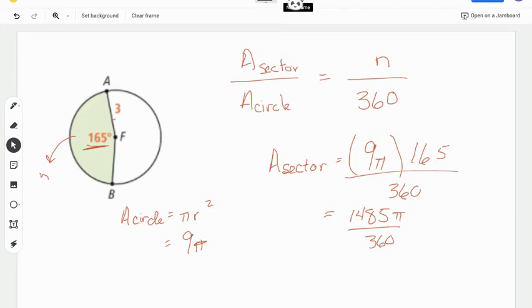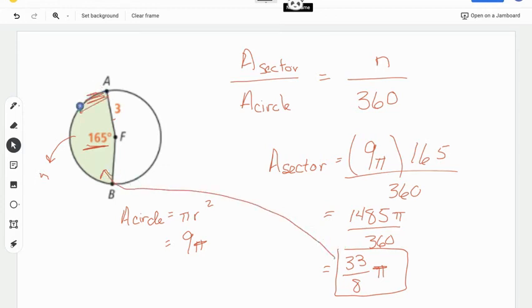We want to get that number simplified either to a simplified fraction or to a whole number. I don't want it as decimals. I do want a fraction still in there. And so I can simplify this or plug it into my calculator and find that this simplifies to 33/8. Don't forget about your pi, right? So this number is describing the area that this entire section takes up.